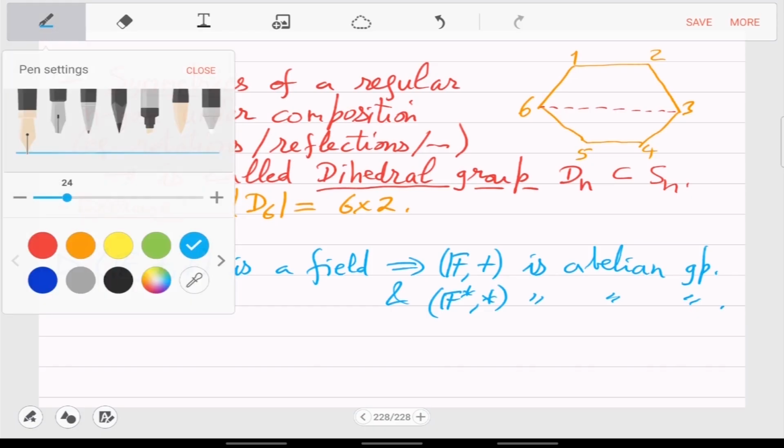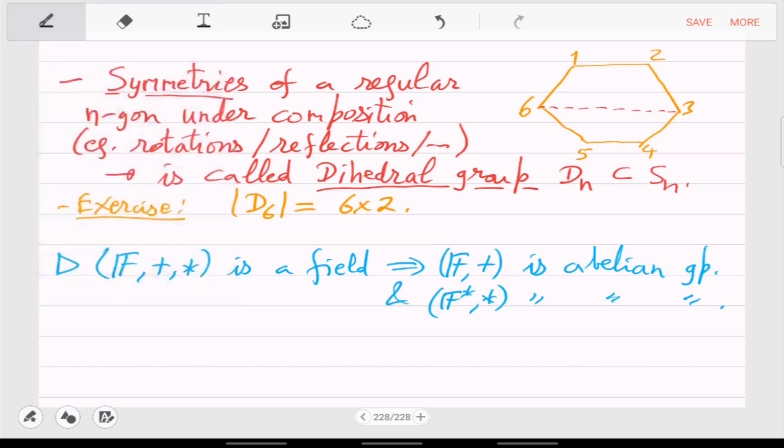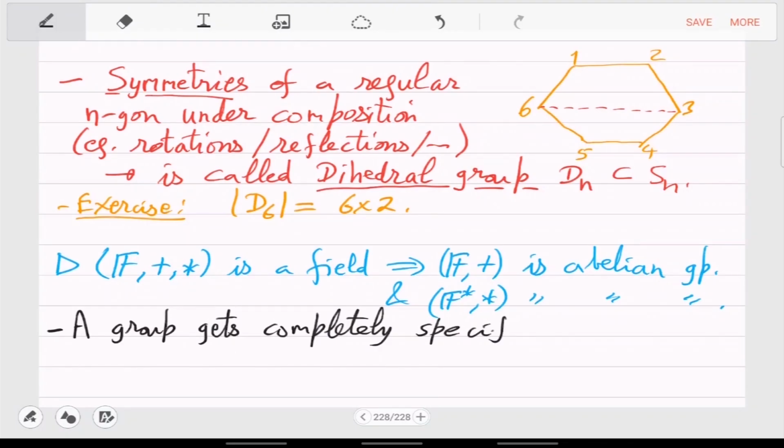Okay, so a group is completely defined, or completely specified, by its what is called multiplication table.